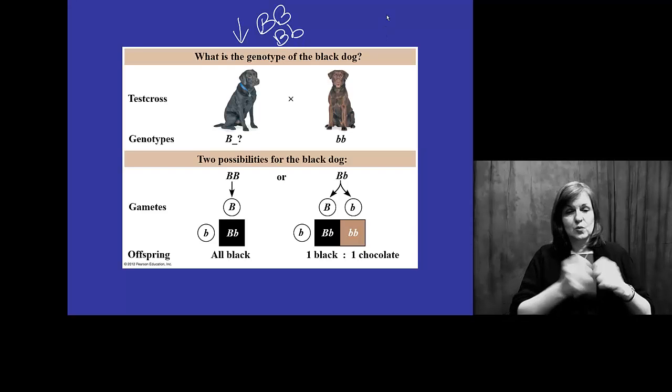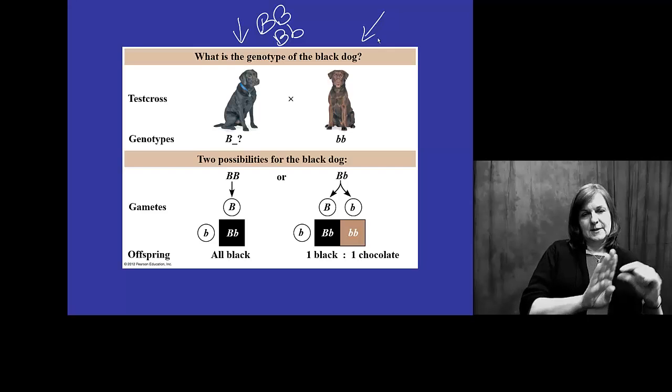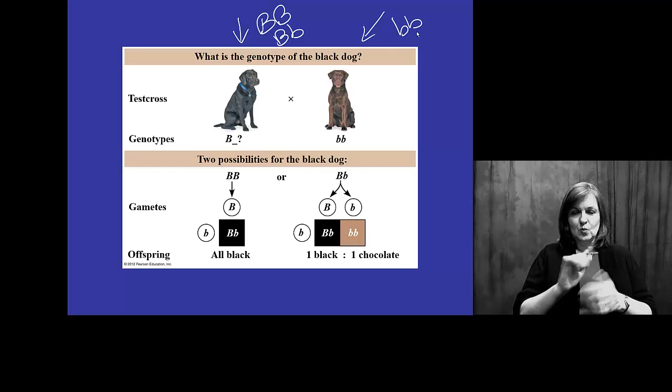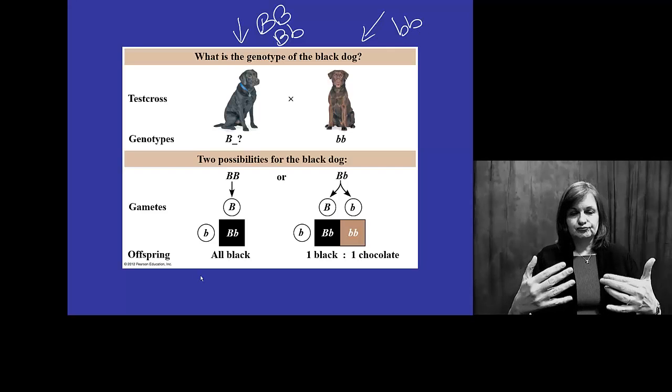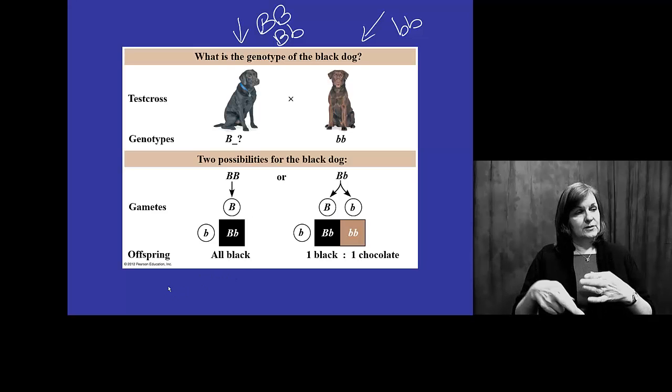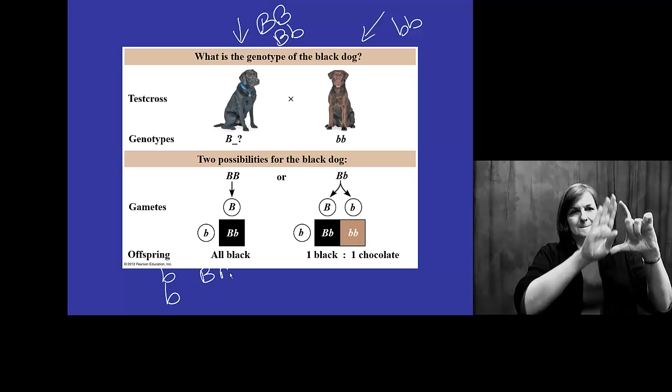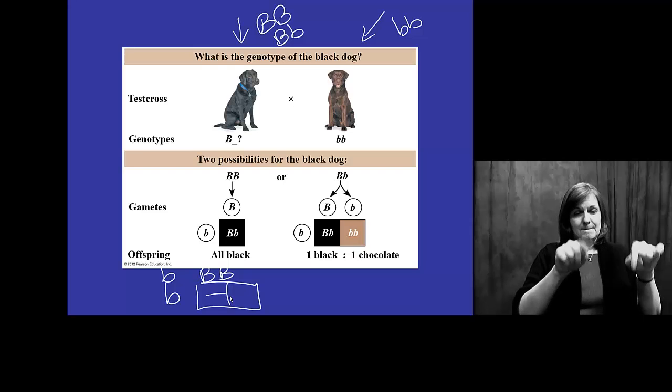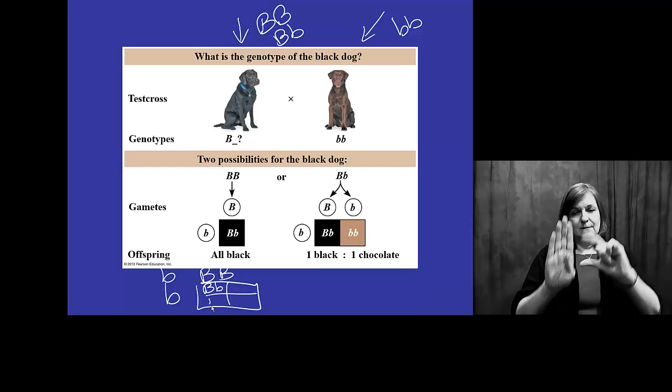If you cross that with a recessive dog, little b in this case, if you set that up in our normal crosses, they've simplified this table for you, but you could have little b with big B like we've done before. And every block is big, little.